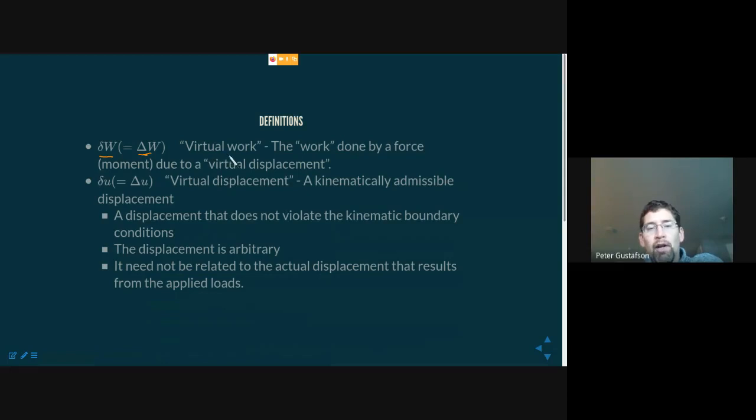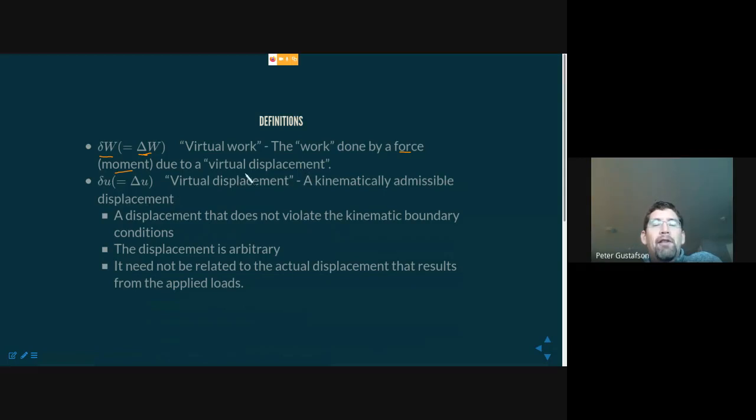This is virtual work. It's the work done by a force. So you've got at some point a force, and this is a generalized force, so it could include a moment, due to a virtual displacement. At that point, we're imagining a small increment of displacement to occur. And if there's a force there and a small increment of displacement, we have an increment of work.